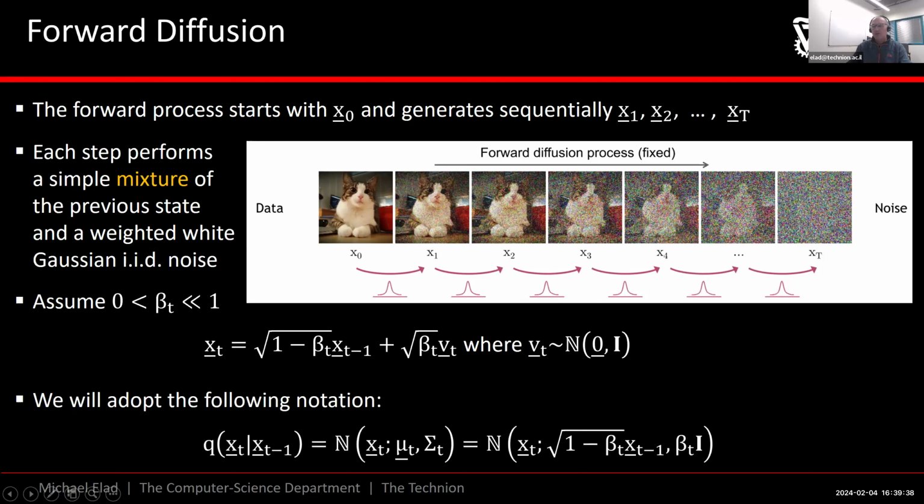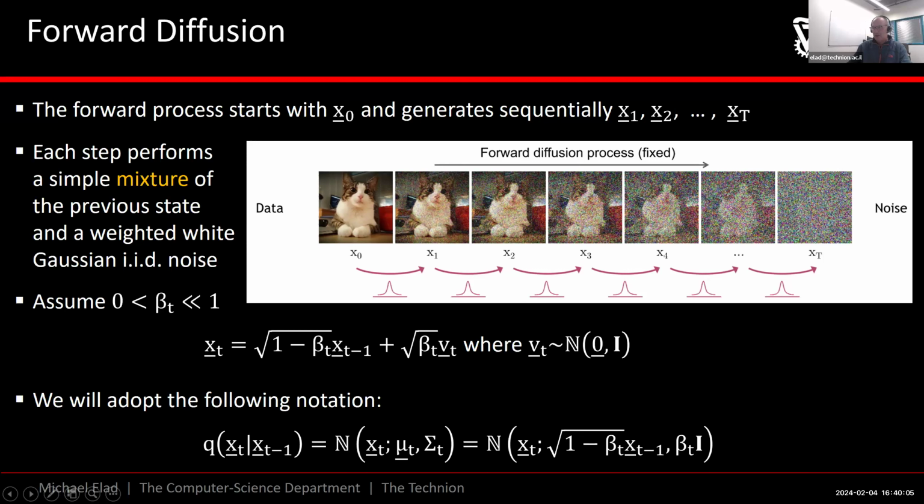Here are our notations that will accompany us today, something that I've already defined in the review in the first meeting. I'm talking about the conditional probability of x_t given x_{t-1}. This conditional is a Gaussian, with a mean and covariance. Look at this. If x_{t-1} is given to us, then all this part is basically deterministic, and it will serve as the mean of x_t. Here it is.